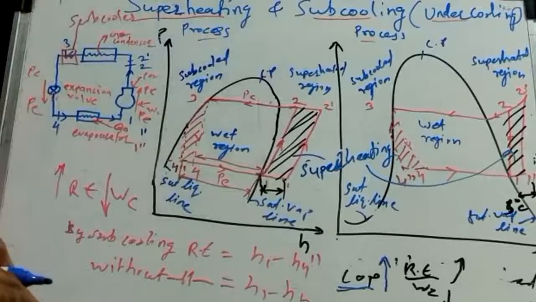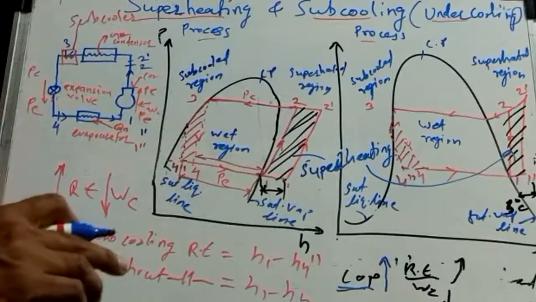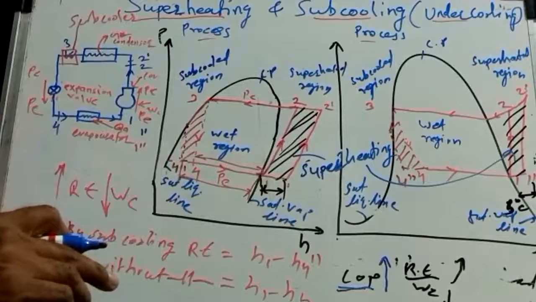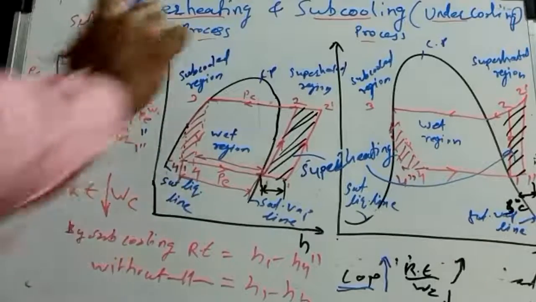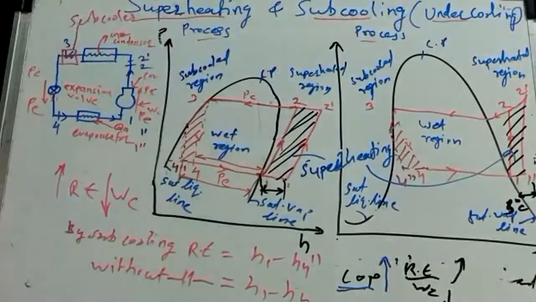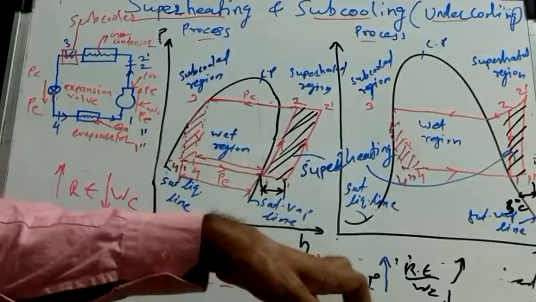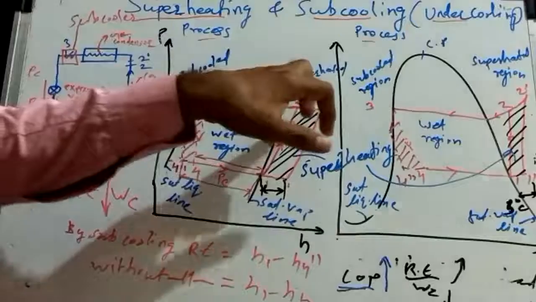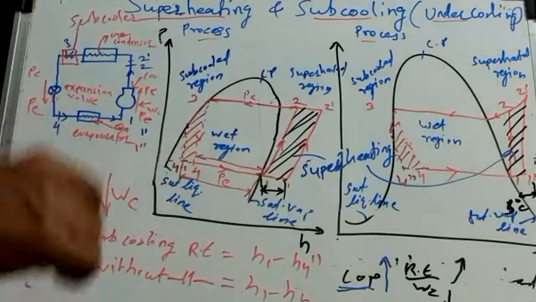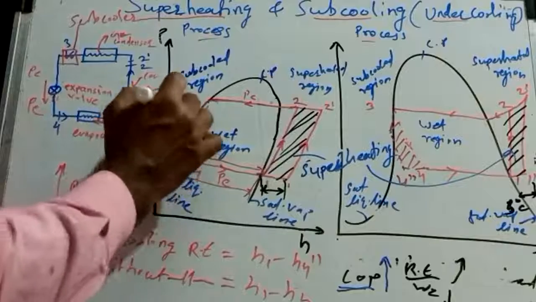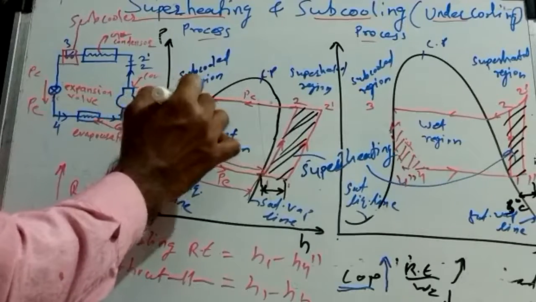That is the advantage of why subcooling is desirable. If you compare the two processes, superheating and subcooling, in the subcooling process we get a higher COP, but in the superheating process the life of the compressor increases. Okay, so this is subcooling.